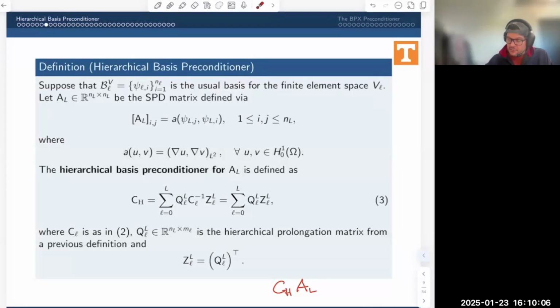And I convinced you, I hope, those of you at least that took my course, and maybe some of those that took the course from Dr. Salgado, that when I use a preconditioner, really what I need to do with that preconditioner is to be able to apply it through multiplication. Okay. So I need to be able to do operations like C_H times a vector.